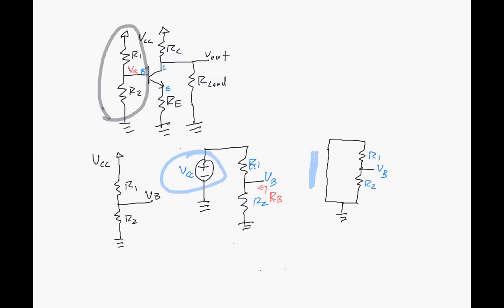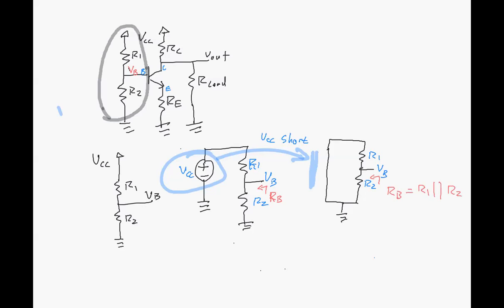This voltage source became a short. And to figure the value of R1 and R2, when you look at that, it's clear that these two are in parallel. So that RB is just equal to R1 in parallel with R2.